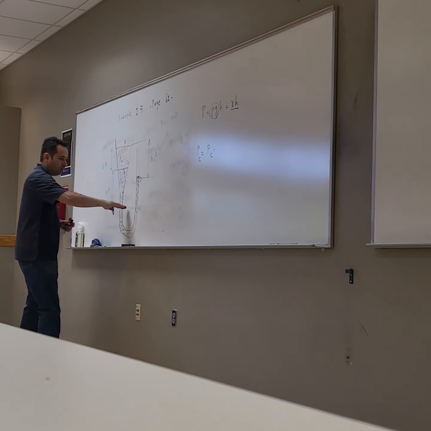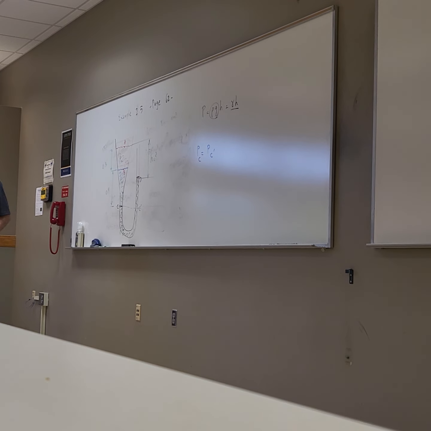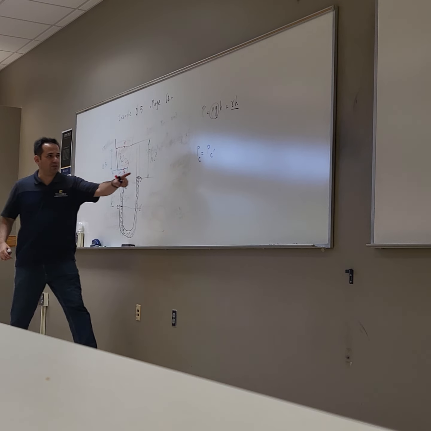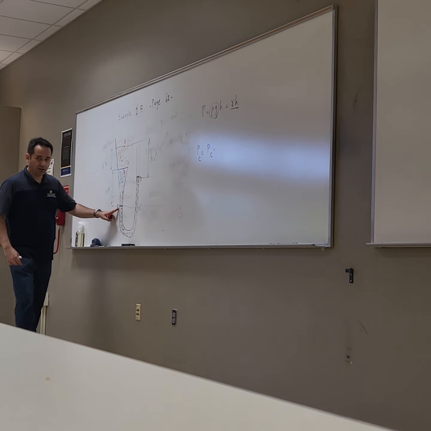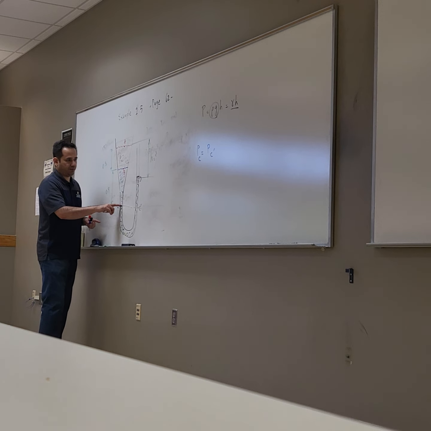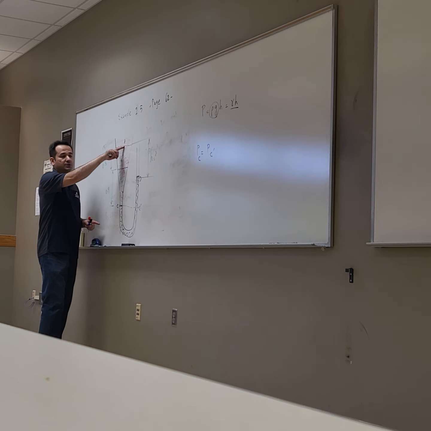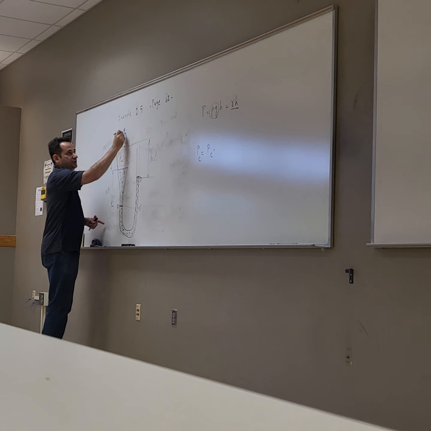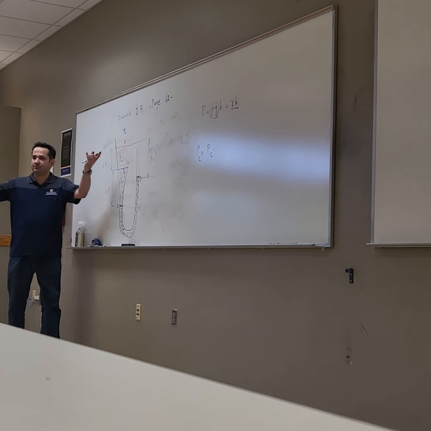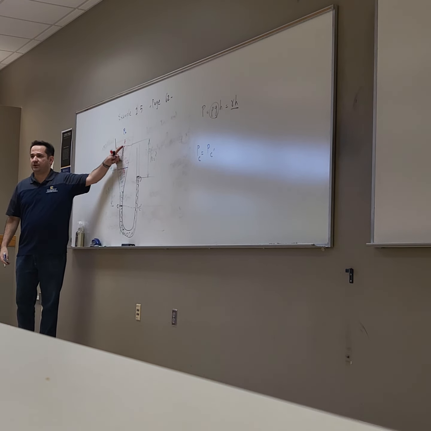The pressure at these two levels is the same. So what can I write for PC? The pressure at this point is the pressure from here to here, plus the pressure from here to here, plus atmospheric pressure. Let's say this is exposed to atmosphere, so P0 is right here.